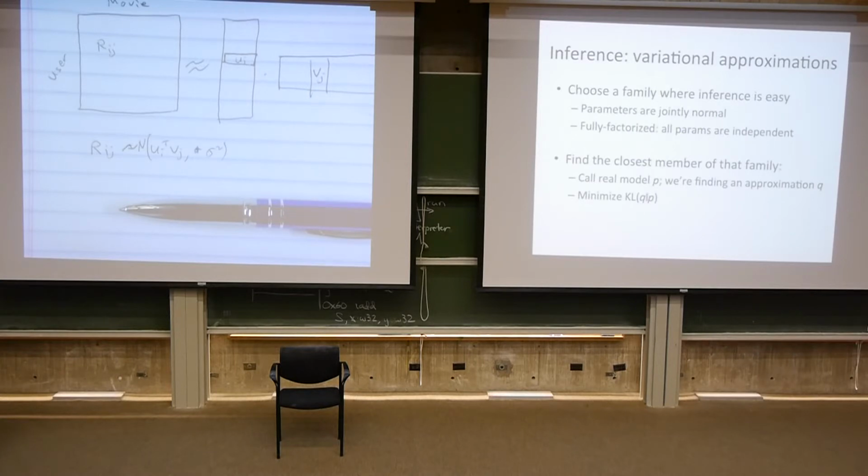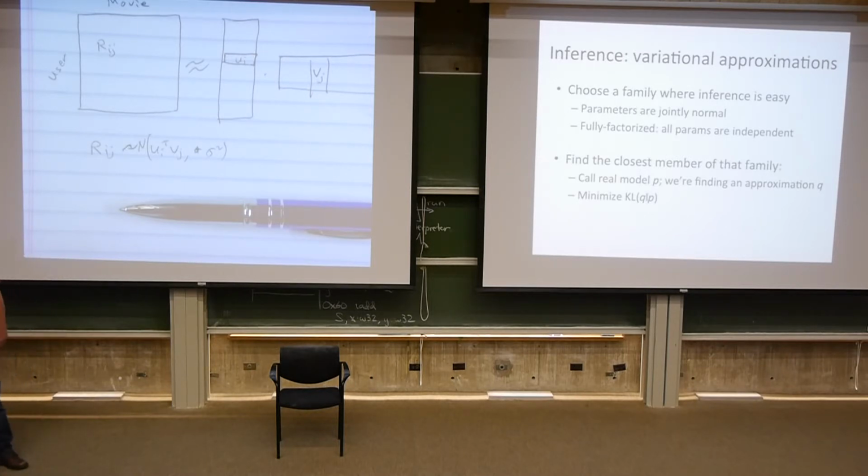Okay, something that does work more generally is called variational approximations. The basic idea is we have this graphical model where inference is hard, so we want to choose some model that's as similar as possible to the graphical model but where inference is easy, and find the most similar such model.